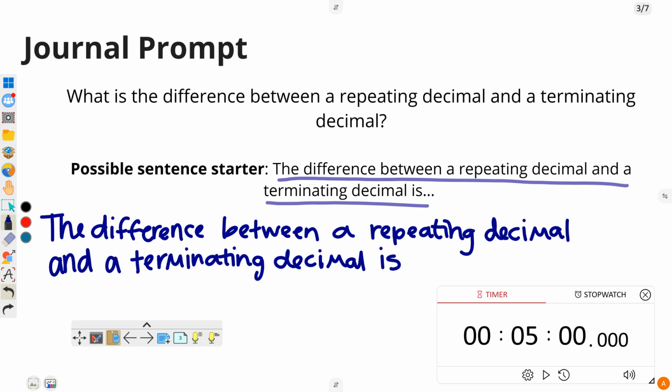So y'all get it? It keeps going and it keeps repeating and looping and it never, ever stops.